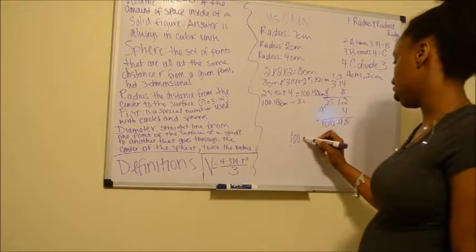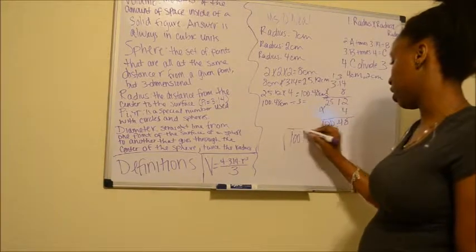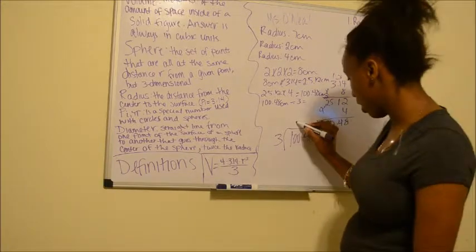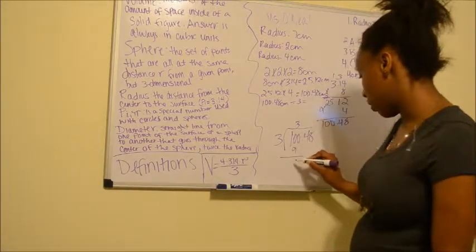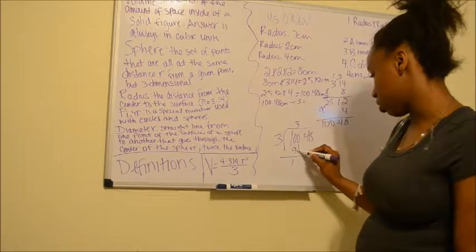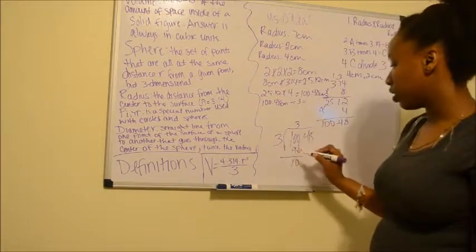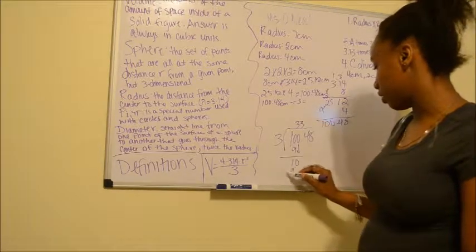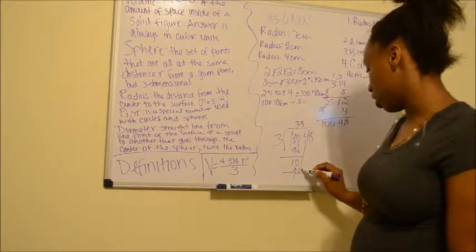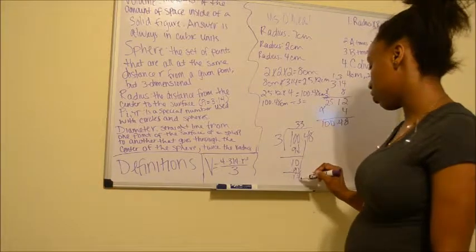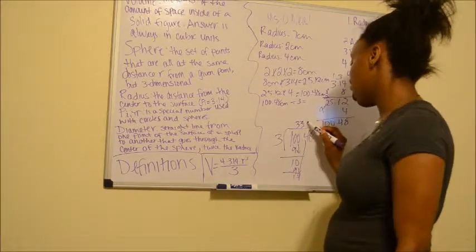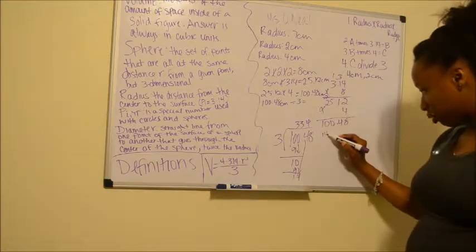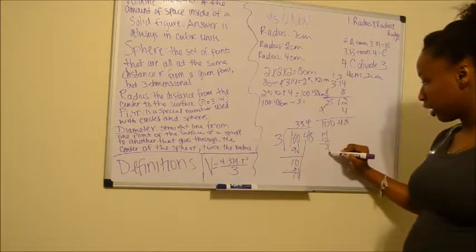So 100.48 divided by 3. 3 can't go into 1, so 3 goes into 10 3 times, which is 9. 10 minus 9 is 1. Bring down your 0, will be 10 again. 3 goes into 10 3 times, which is 9. Equals 1. Bring down your 4. 3 goes into 14 4 times, which is 12. So I'm going to actually continue this over here because I don't have room down there. It'll be minus 2.